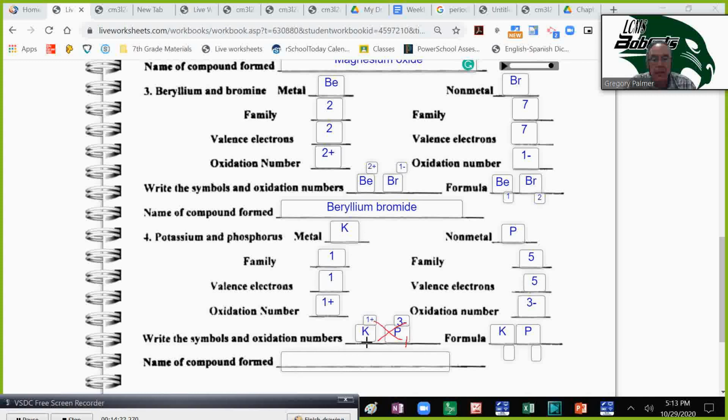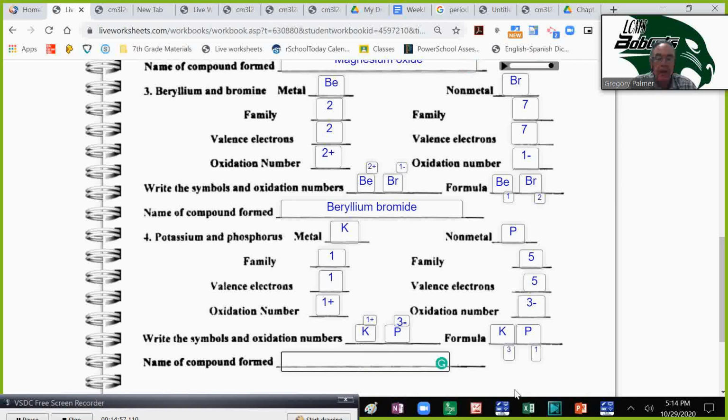We're going to take this 3 and put it right there. So we're going to put a 3 in this box and a 1 in this box. So we're going to put a 3 right here. We're going to put a 1 right here. Now if you think about it, what this is saying in the formula is there's 3 1 positives and 1 3 negative. That makes it total 0.